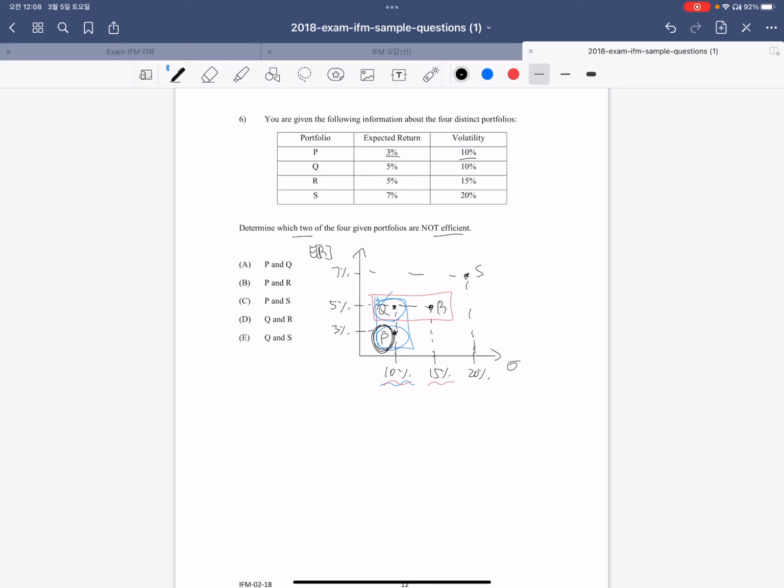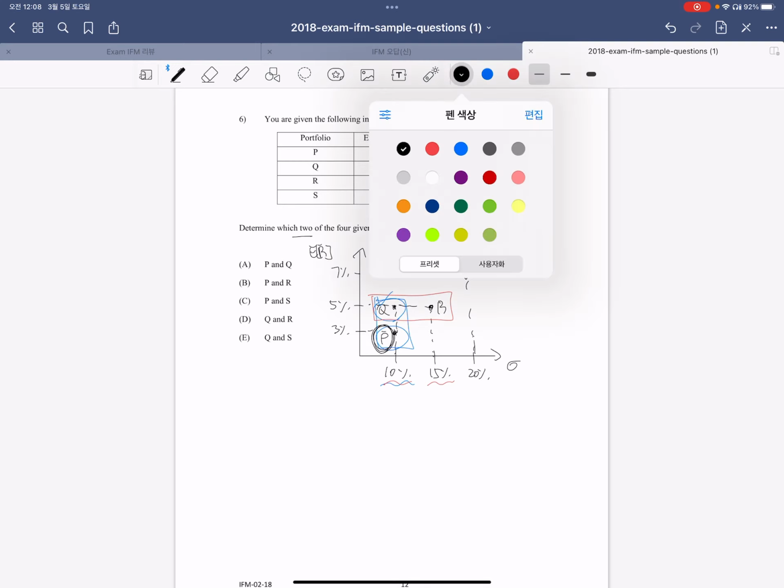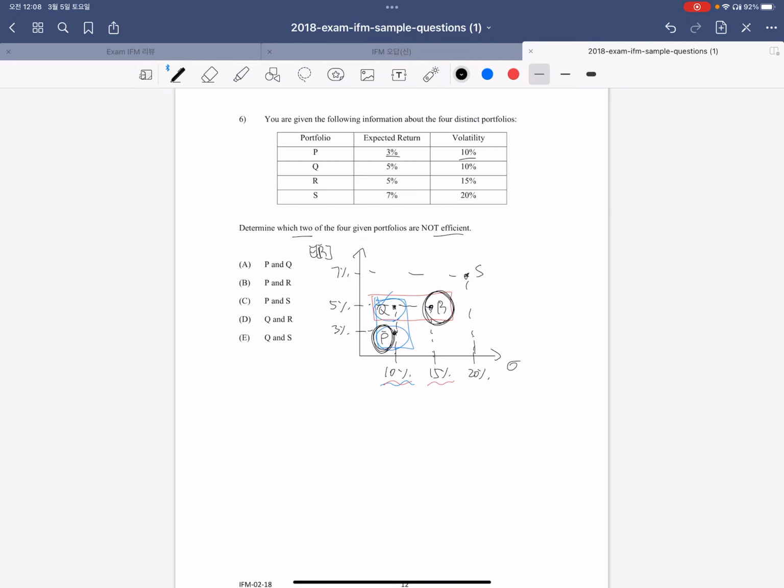So in this case, you should have Q, which is less volatile. So R as well is not efficient. So P and R are the portfolios that are not efficient. So the answer would be B.